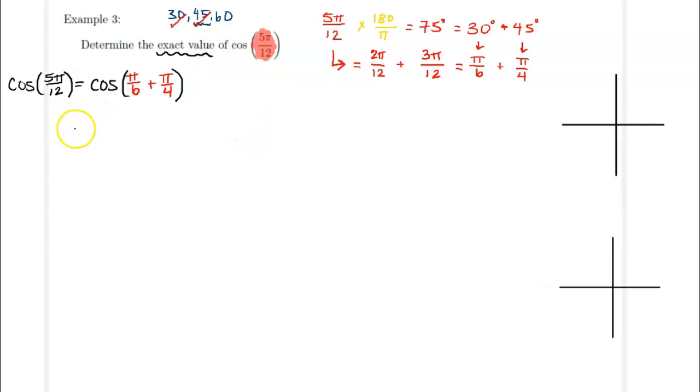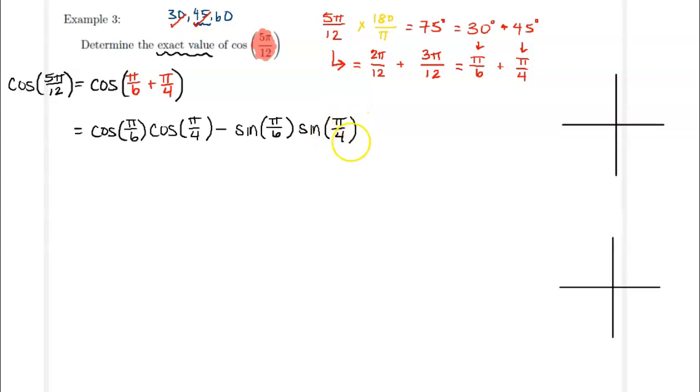So my next step is to write out my compound angle formula with my two values here. So this is going to look like cos of pi over 6 times cos of pi over 4 minus sine of pi over 6 times sine of pi over 4.